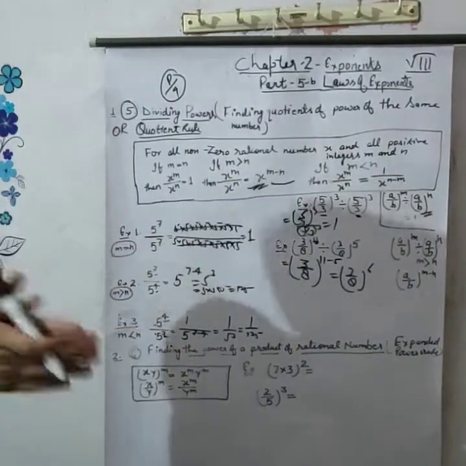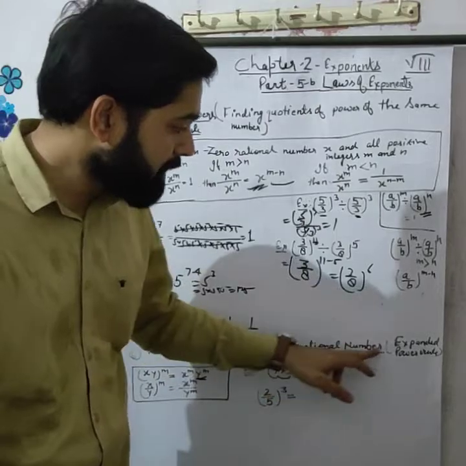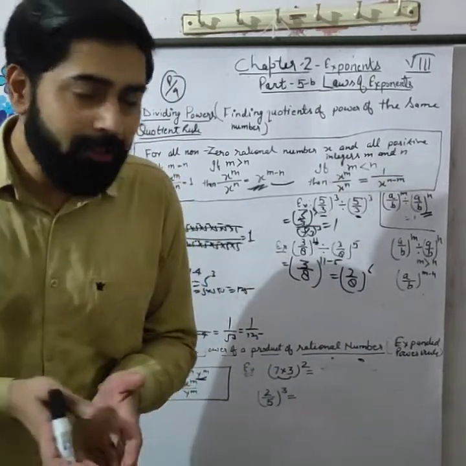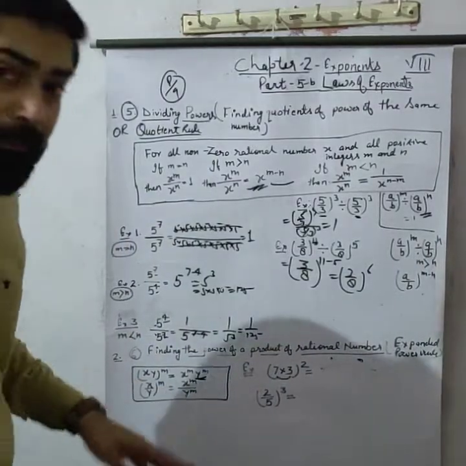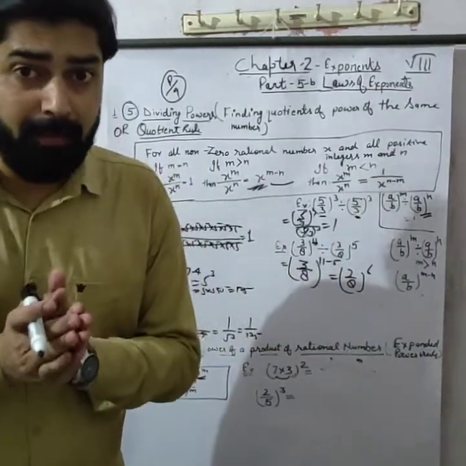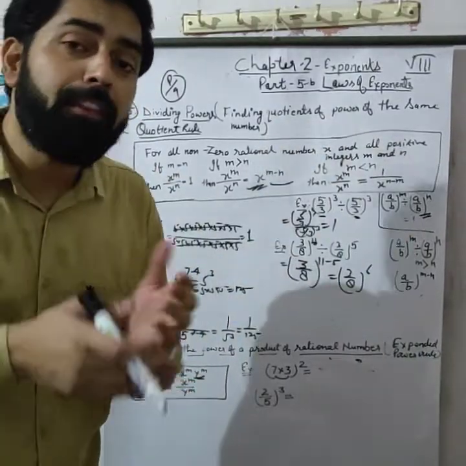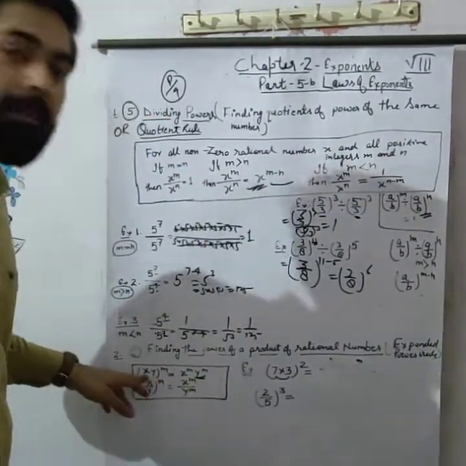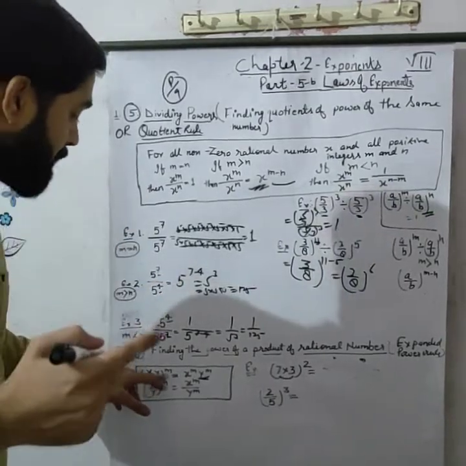Now next and last is the rule of the power of a product of rational numbers, and you can also call it the expanded power rule. If we have two rational numbers and both are raised to the same common power, how can we solve? We have one rational number x and a second one y, and both are raised to the power m.